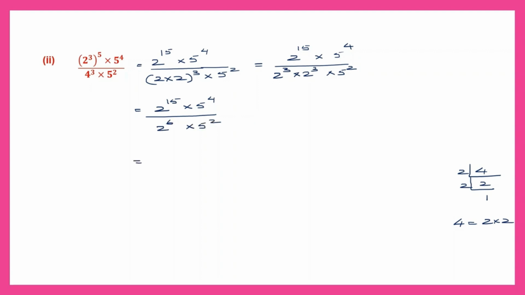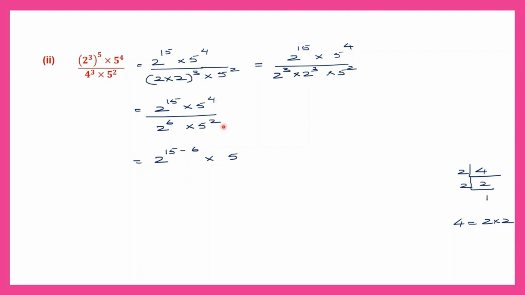Now we can solve this here. Here 2 to the power of 15 by 2 to the power of 6. That means this is division. When it is division, we can subtract the powers. So that will become 2 to the power of 15 minus 6 into, similarly here also it's division. That is 5 to the power of 4 divided by 5 to the power of 2.